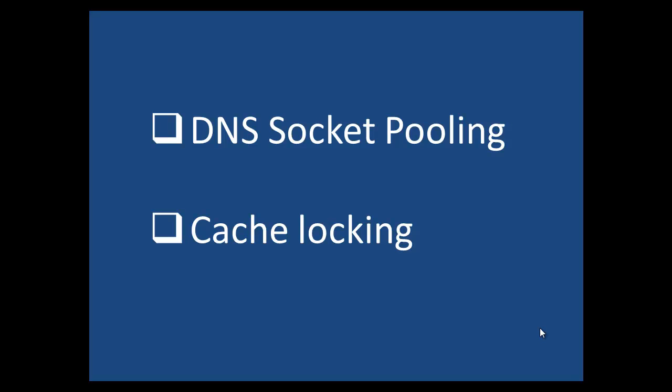With source port randomization, the DNS server will randomly pick a source port from a pool of available sockets that it opens when the service starts. What does socket pooling do? Well, instead of using a predictable source port when issuing queries, the DNS server uses a random port number selected from a pool.